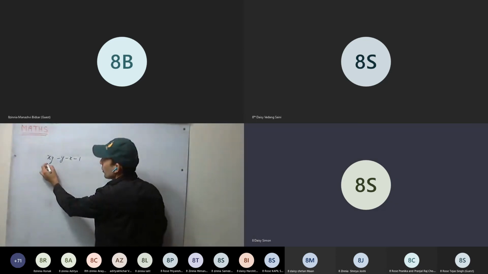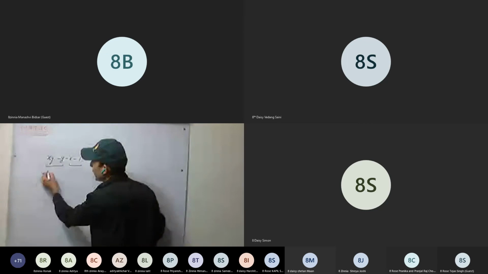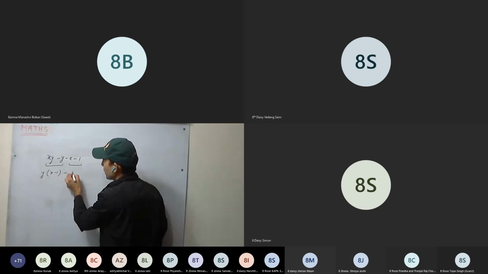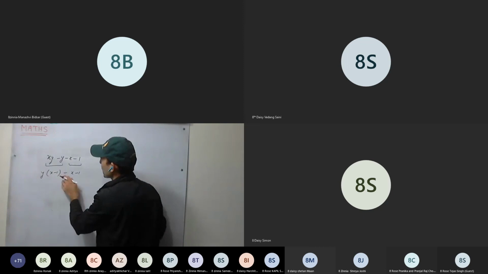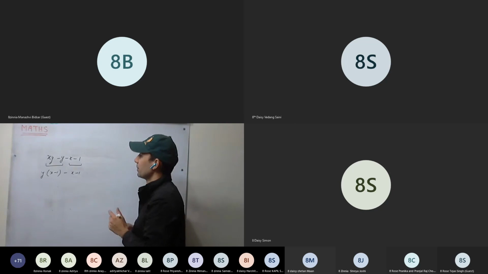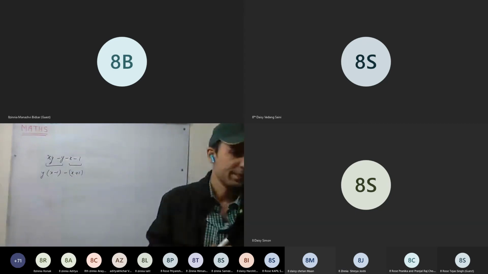Okay, see here, without rearranging, if we go with this, what will be the common? Y, x minus 1. Here it is x minus 1. Okay. Is it possible now? If you put the bracket here, it will be x plus 1.